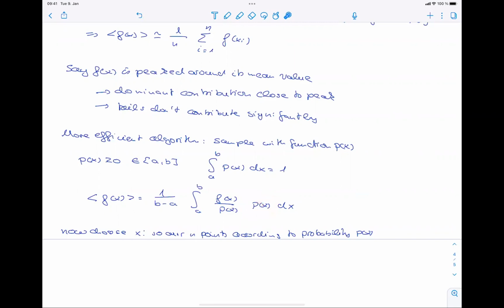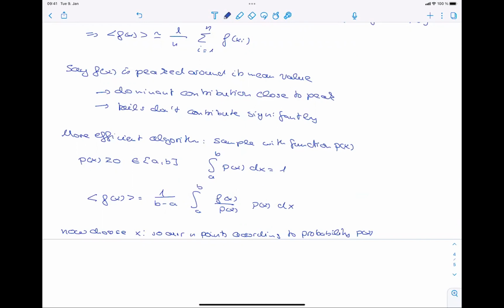according to this probability. And then the only thing that I have to pay attention to, for the normalization to work out, is that when I'm taking the average, now having these points not uniformly distributed anymore, but according to my p of x, I have to normalize the function that I'm evaluating with this p of x.